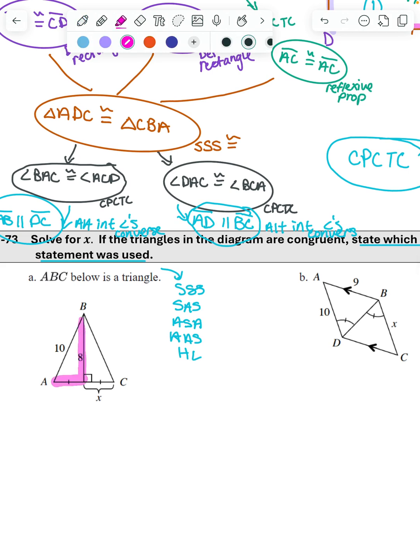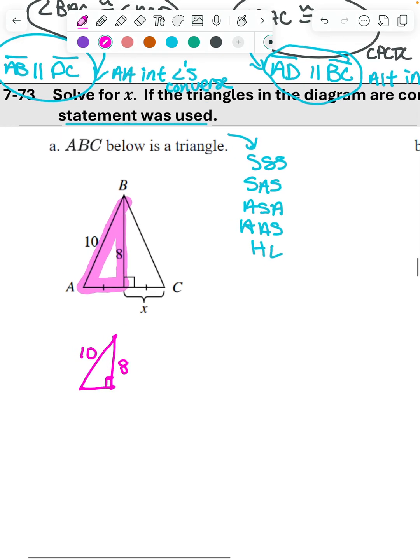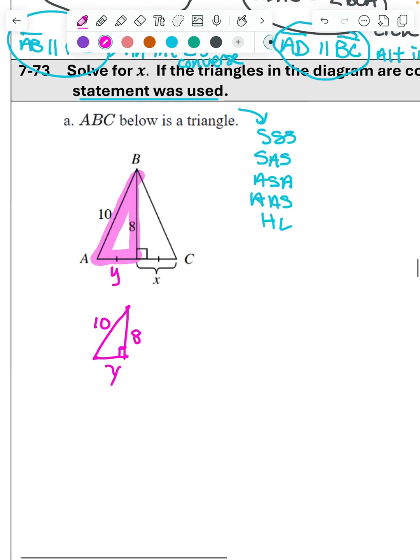So hopefully Pythagorean theorem isn't something that you've forgotten about. I've got a triangle with two known sides here, and it's a right triangle, so I can find the third side using Pythagorean theorem. Let's call this missing side y for right now.